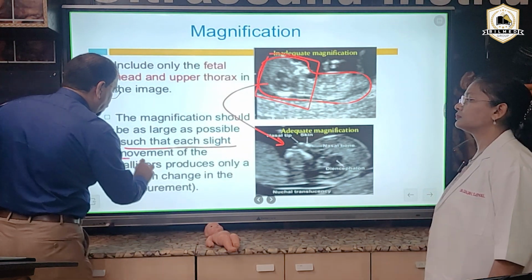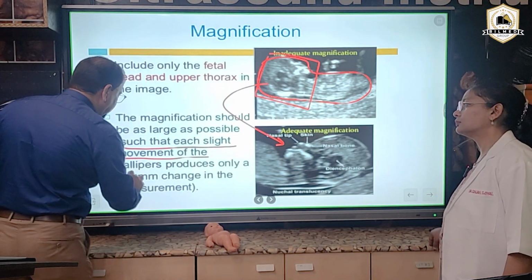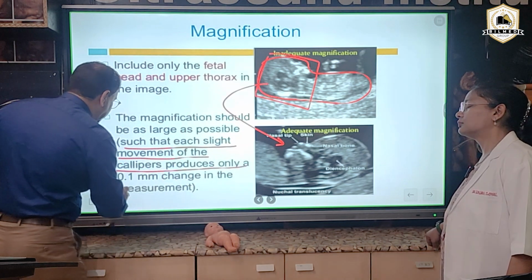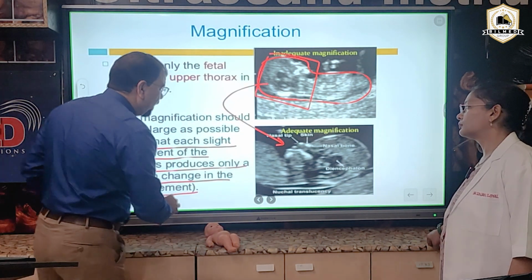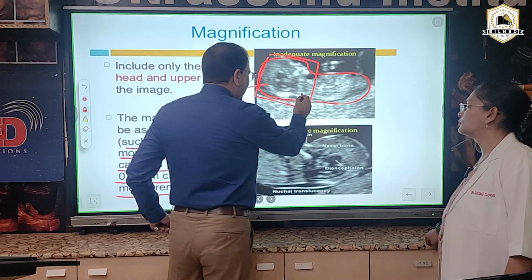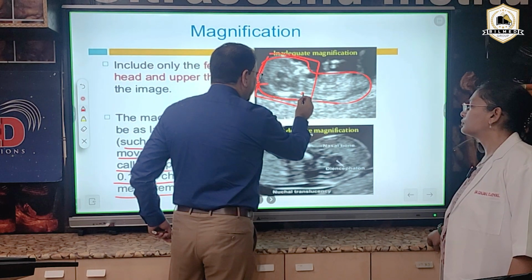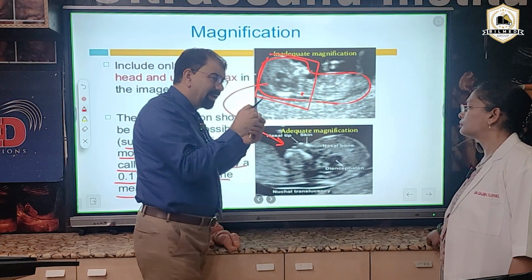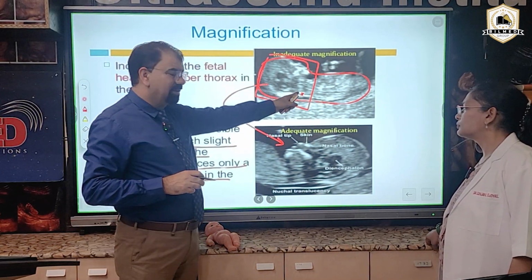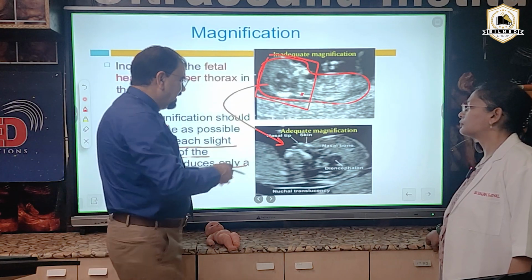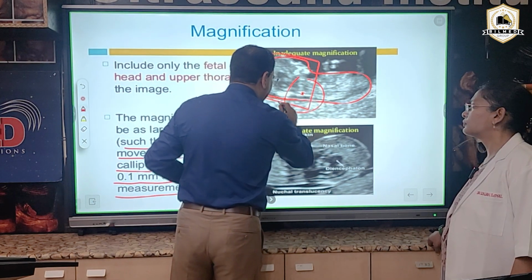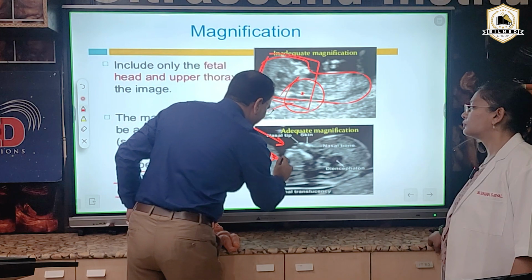a slight movement of the calipers produces only a 0.1 millimeter change in the measurement. Now the point here is that if I fumble over here while taking this NT, a slight fumble will result in a dramatic change in your NT. And if you magnify this part only, the error will be less.